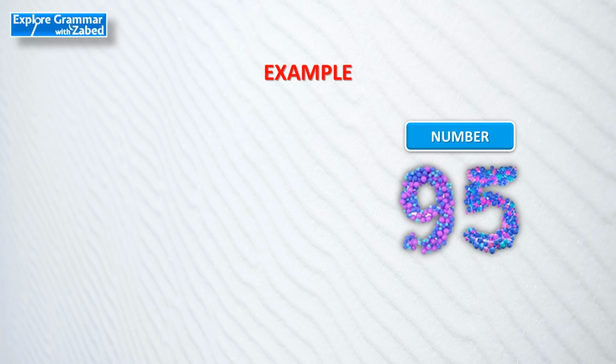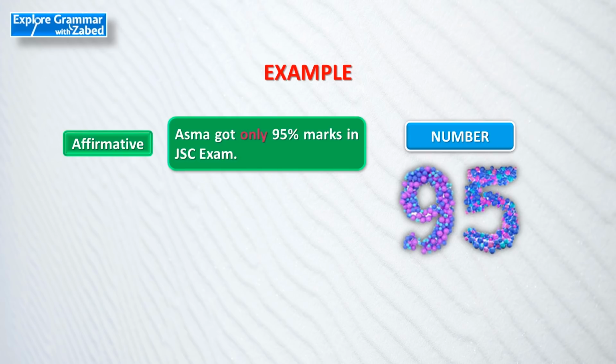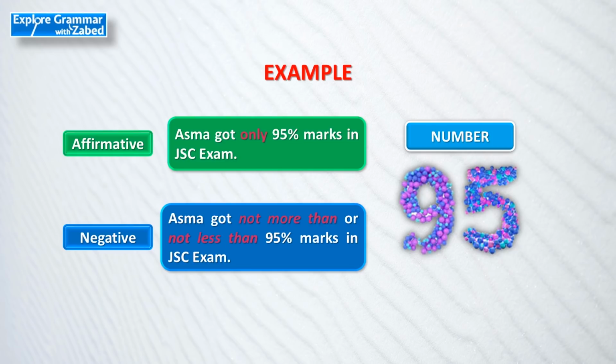Asma got only 95% marks in JSC exam. While converting this to negative, it becomes Asma got not less than 95% marks in JSC exam or Asma got not more than 95% marks in JSC exam. Take a note. Not more than or not less than is used here in case of numbers.